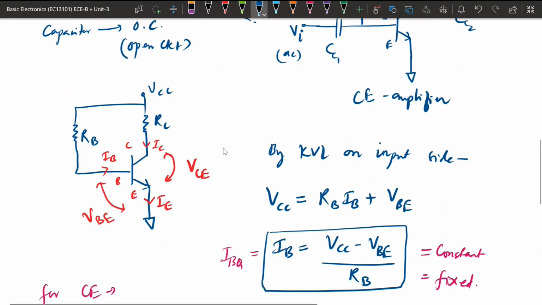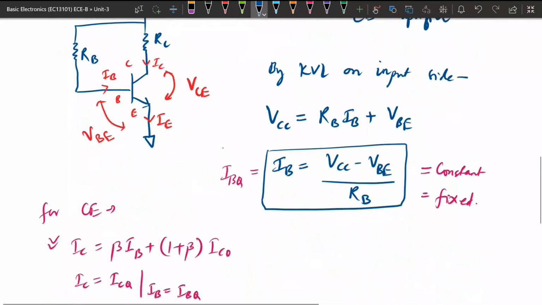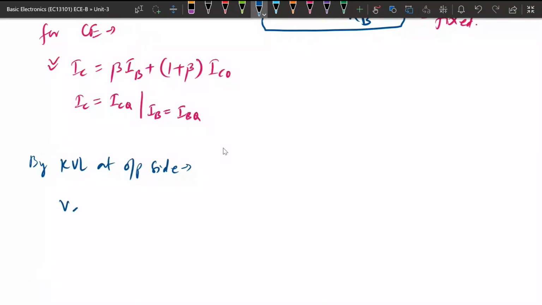So the KVL at the output side is VCC equals RC into IC plus VCE. Okay, so this will be the KVL at the output side. So here VCC is equal to RC into IC plus VCE.